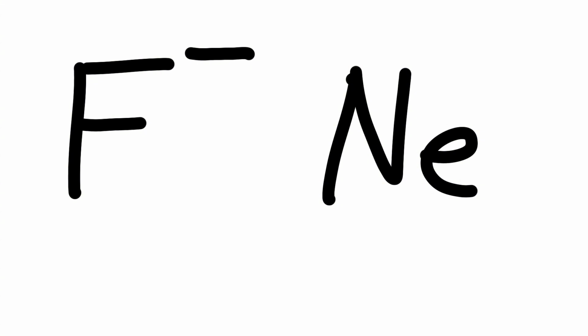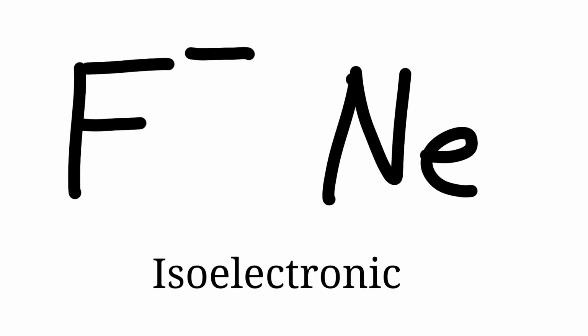But now we're going to shove an electron onto the fluorine, so we have fluoride instead. If you count the electrons, you'll notice that fluoride and neon have the same electron configuration. Fluoride has 10 electrons, neon has 10 electrons. So we call them isoelectronic species. Iso means the same, electronic because electronic structure.